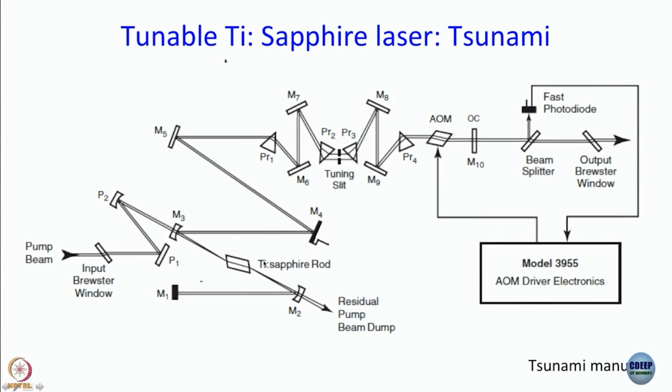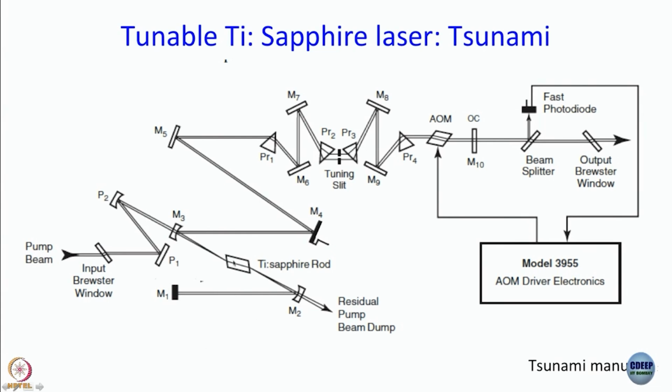From this sapphire rod, emission takes place. Once again, similar to the Kapteyn-Murnane design, you have two mirrors, M2 and M3, and here you have the high reflector M1, plane mirror. The job of the plane mirror is to just send the beam back and make it retrace its path.